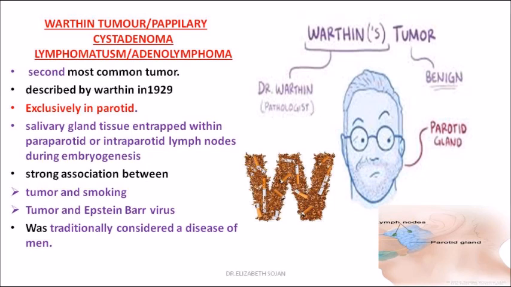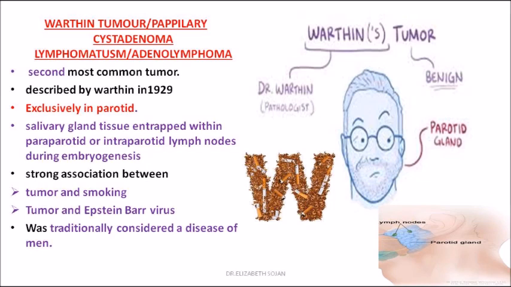This is because that second picture is showing you the parotid gland. That blue color is the parotid gland. And within the parotid gland, can you see the lymph nodes? Two lymph nodes are shown there in green color. The tumor is arising in the lymph nodes of the parotid gland. It is not happening within the salivary gland as such.